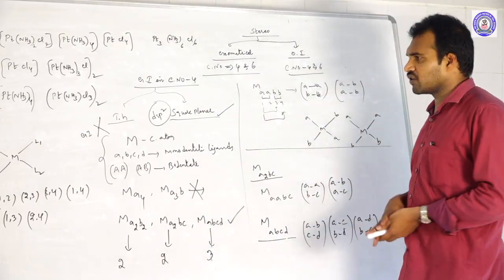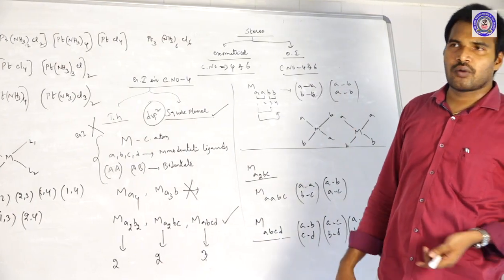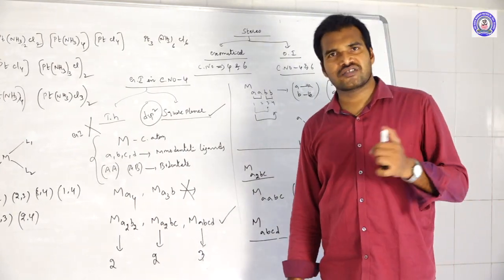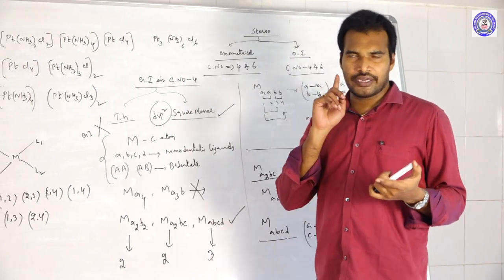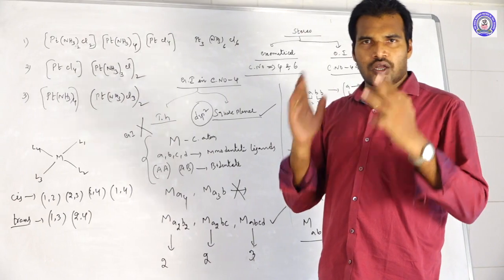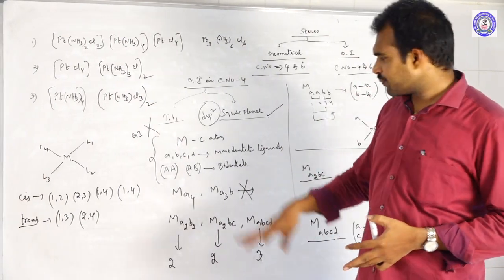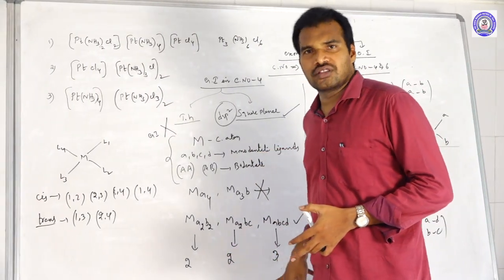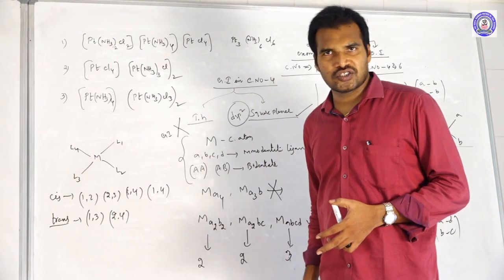So this is in case of square planar complexes, geometrical isomerism. Only Ma2B2, Ma2BC, MABCD complexes can show geometrical isomerism. So that is 2, 2, 3 geometrical isomers they can show.